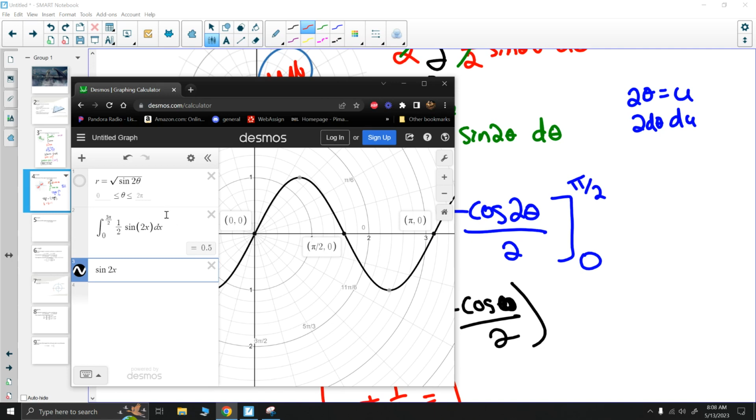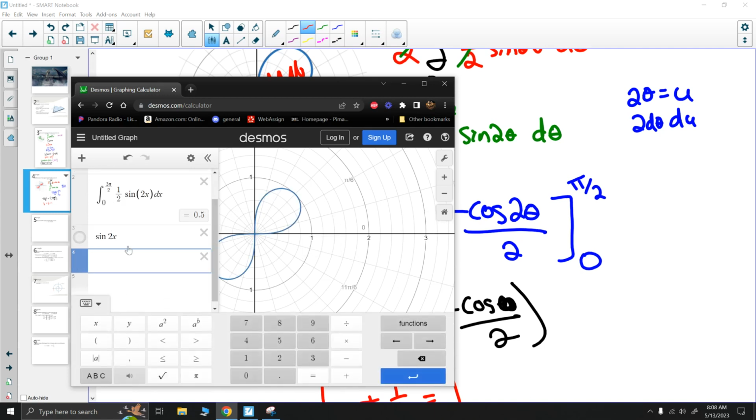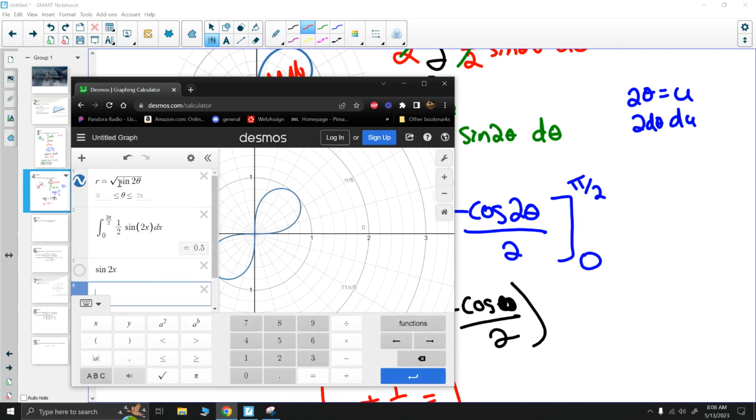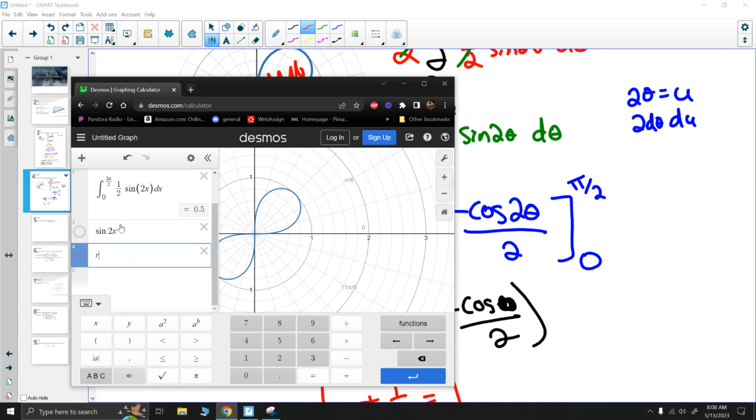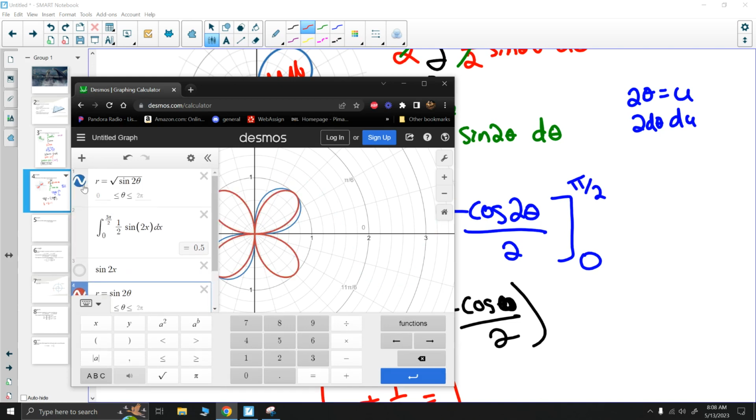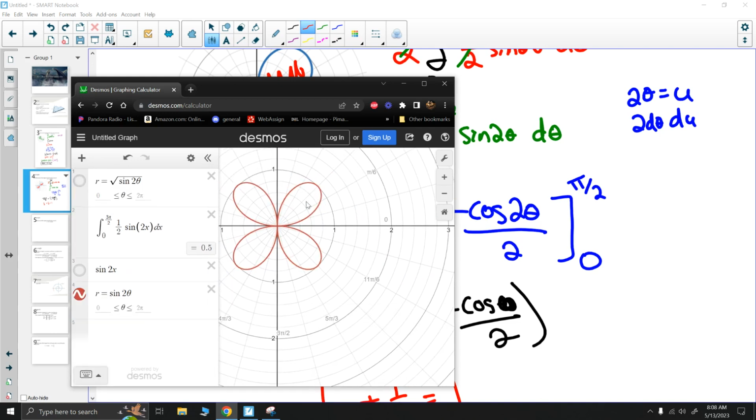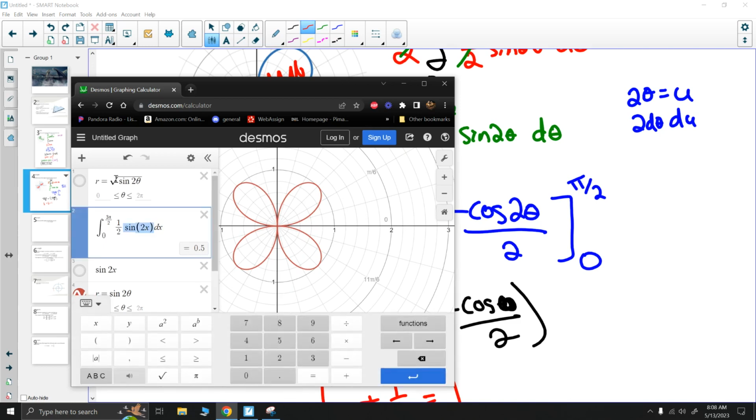Technically, what this is integrating is r equals sine 2 theta, so it's taking 1/2 here and 1/2 here, because when I plug this into my integral, it doesn't recognize that I'm strictly talking about the square root squared. If I used an absolute value, maybe it would give it correctly.